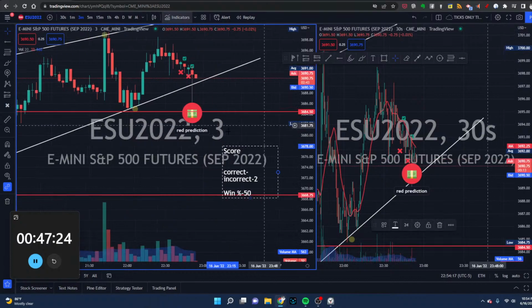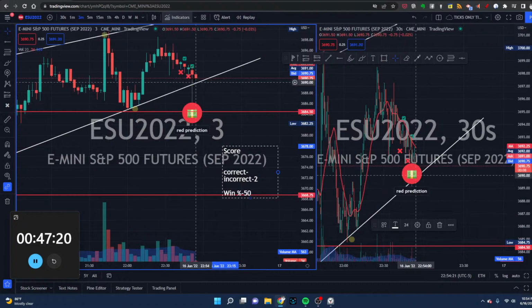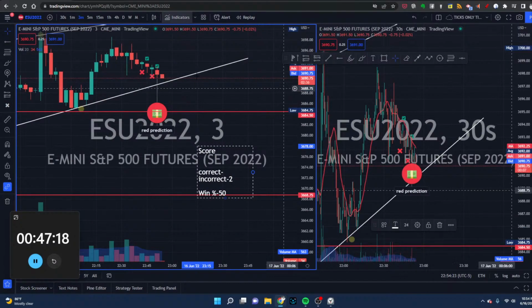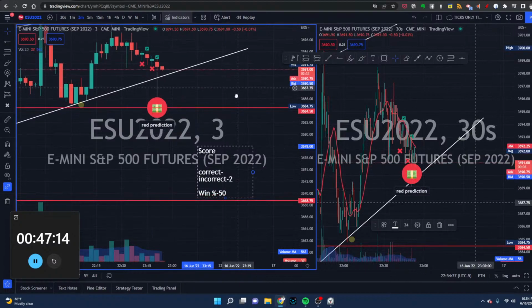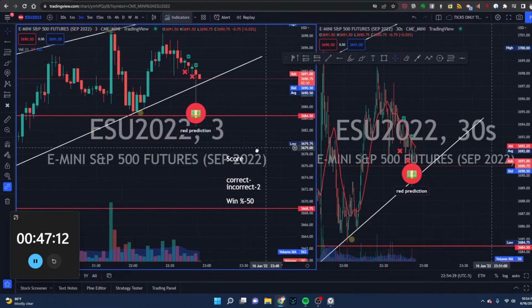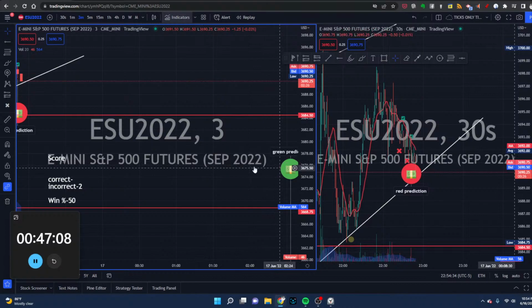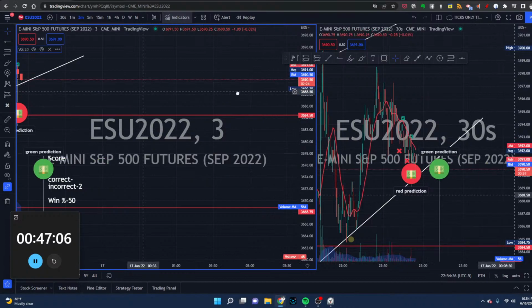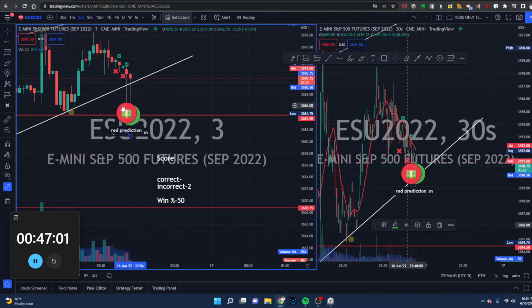This candle here. Now we're at this level. I didn't like that wick on that. I've got 9 seconds. I'm going to say this is going to be green. I'm going to make a green prediction on this one. Where's that green predictor at? I think this one's going to be green. I think we're going to get a wick right here.